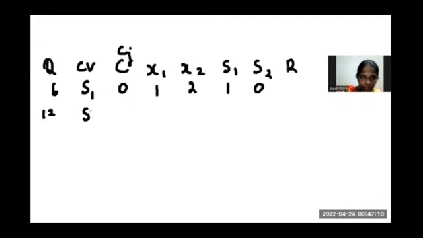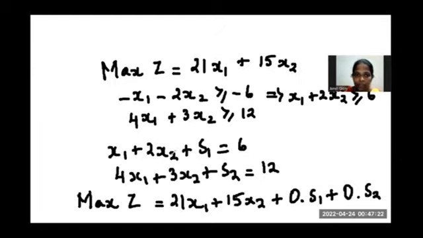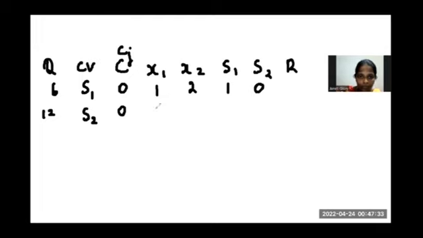The current variable is s2 and its corresponding coefficient is 0 in the maximization function. Then the coefficients of x1, x2, s1 and s2 have to be entered. The coefficients are 4, 3. We do not have s1 here, so in the place of s1 we enter 0, and for s2 it is 1.